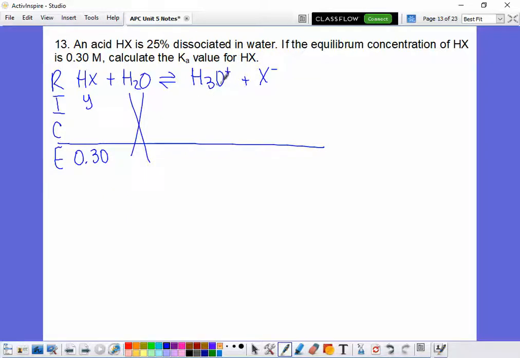What are my initial concentrations for H3O plus and X minus? 0 and 0. Therefore, which way is this reaction proceeding? To the right. So plus X, plus X, minus X. Is the amount that HX is changing by negligible or not?